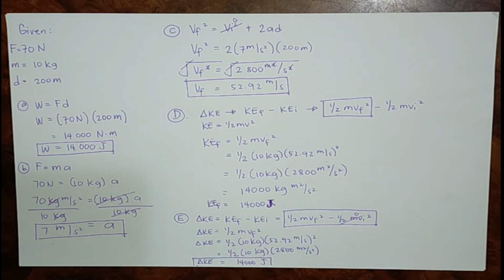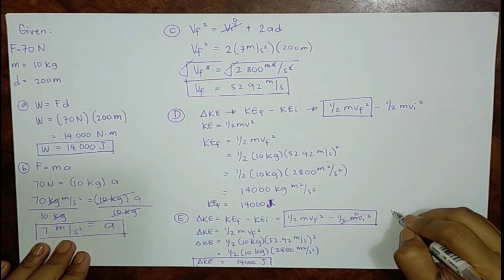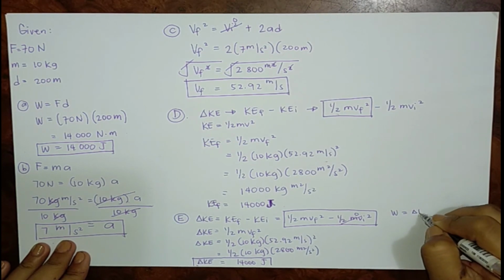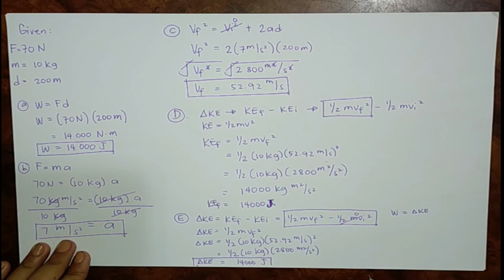Now, how about if we are going to use the explanation? How are we going to write our final answer? Let us go to the relationship of the delta KE to the work. As we all know, work is equal to delta KE.